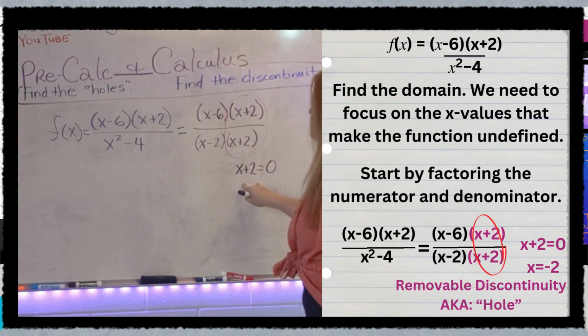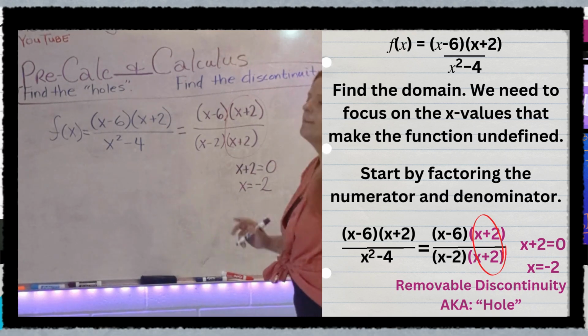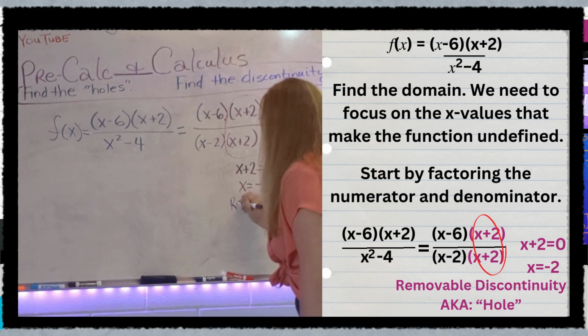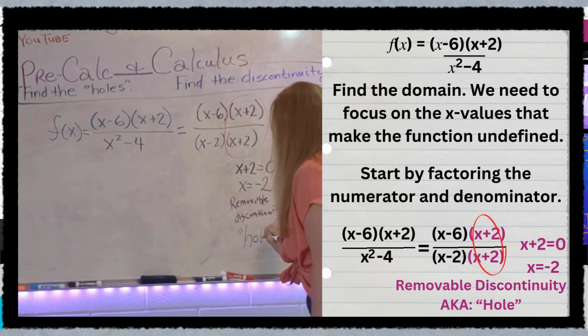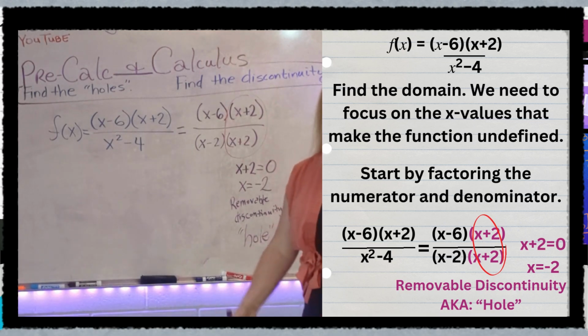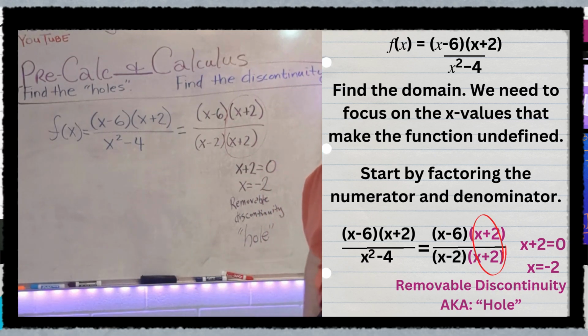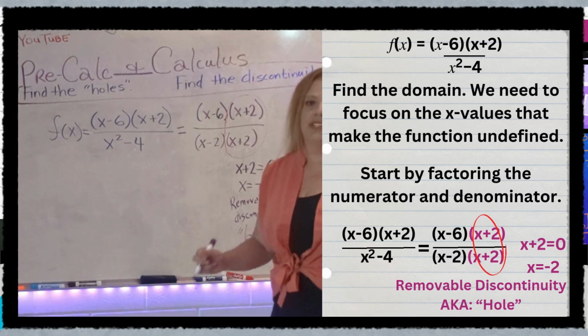Okay, so at x plus 2 equals 0, we have a removable discontinuity, aka a hole. Okay, so pre-calc, you have a hole there. Calculus, you have a removable discontinuity there.